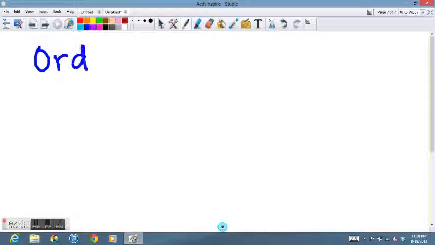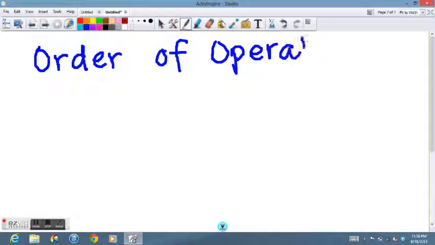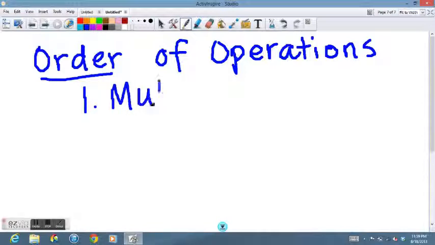Now, I know you've heard of this before, so let's just review it. Okay, what is it? Order of operations. Well, the order of operations just tells you what order you need to do a problem in when you have more than one operation. So the rule is that first you always do all your multiplication and division from left to right.